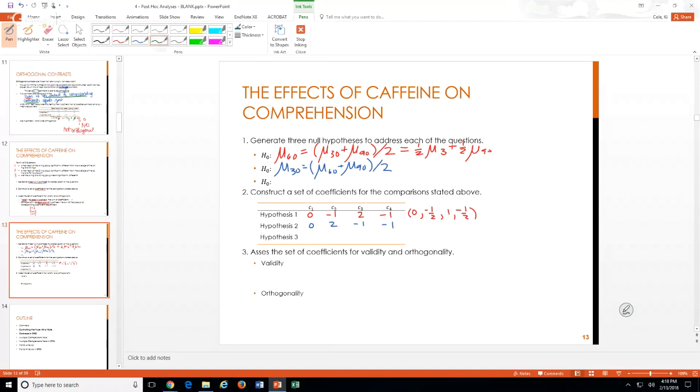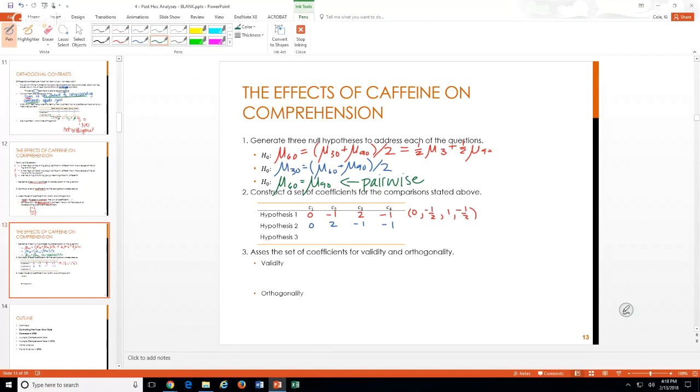Okay, and the last one is, are the 60 and 90 milligram groups significantly different? What is that null hypothesis? Mu of 60 equals mu of 90. Good, that's a short one. What kind of comparison is that one? Pairwise, yes.